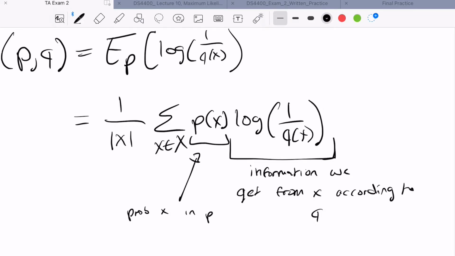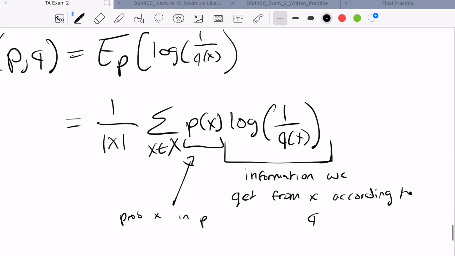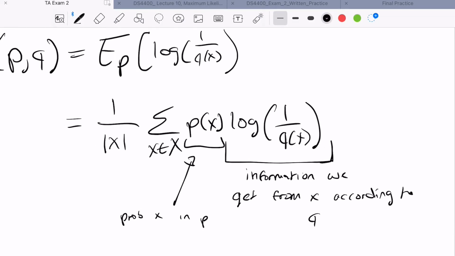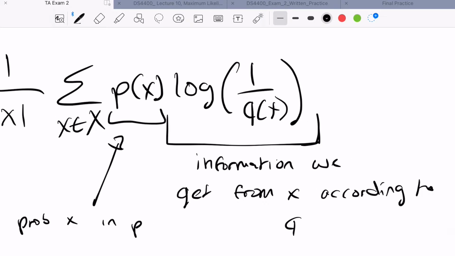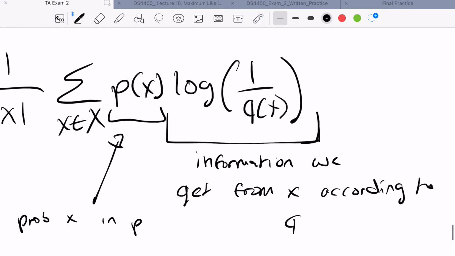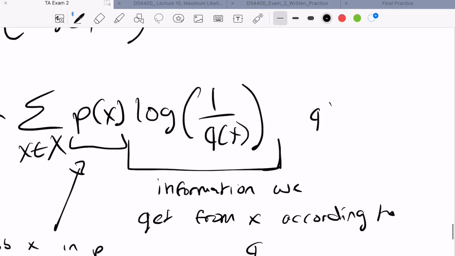So one way to look at this is, cross entropy is just trying to estimate how much these two distributions agree. One example that might be more concrete: let's imagine Q of X is really small, super, super small, tiny. If that is true, we know that this log term is going to be a really big value.